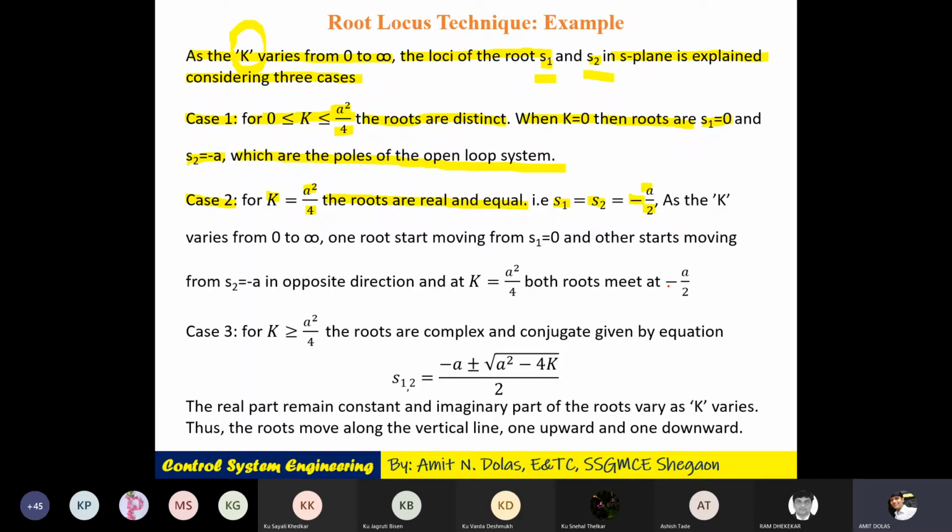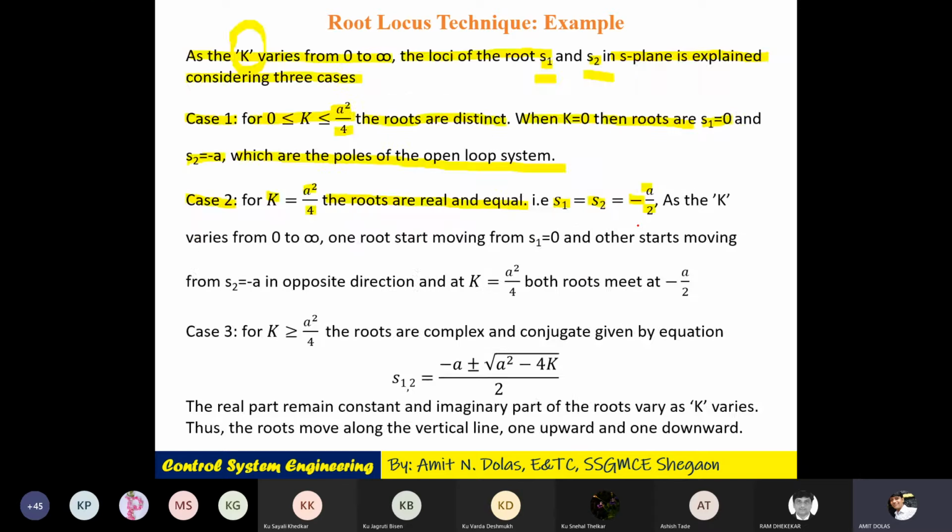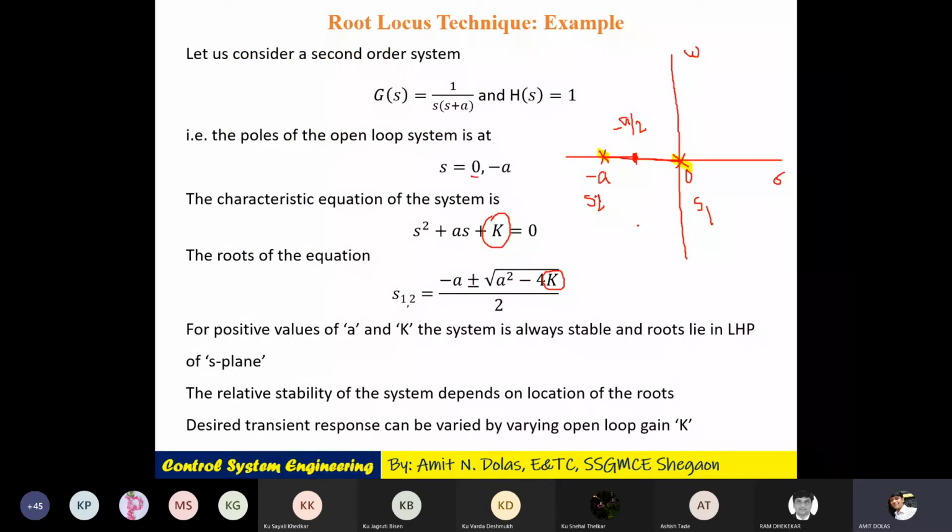This pole will move towards this direction, and this pole will move towards this direction, and both will meet somewhere here, and that location will be minus a by 2, exactly at half, due to the value of k equal to a square by 4.